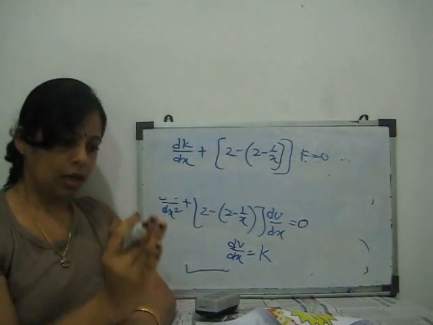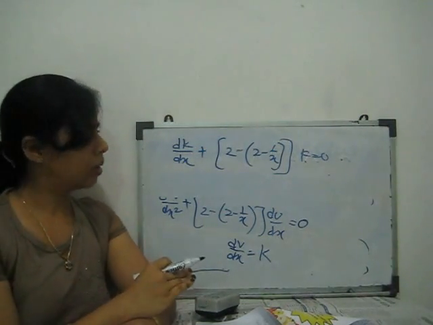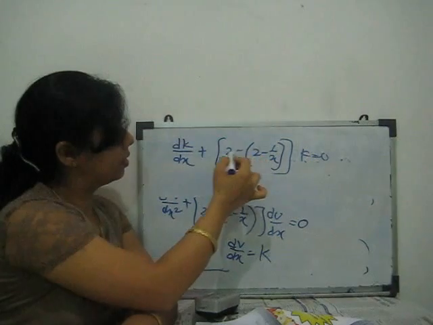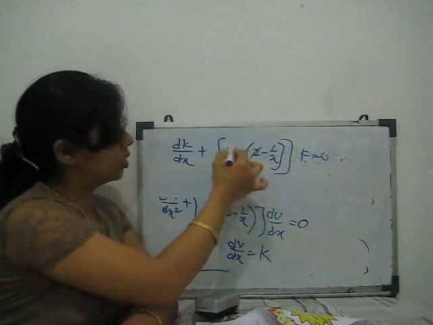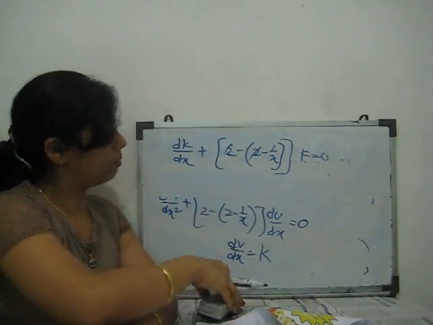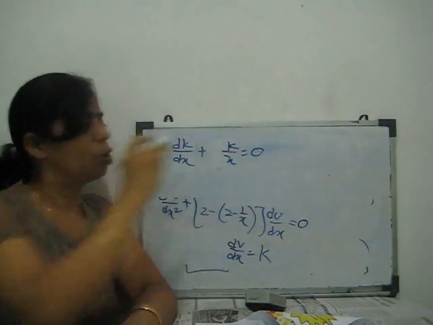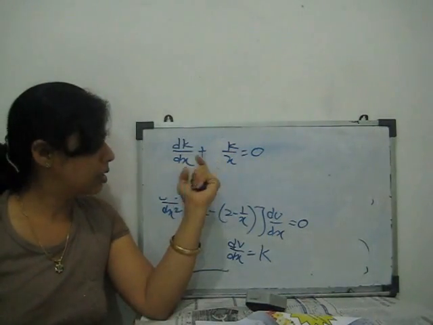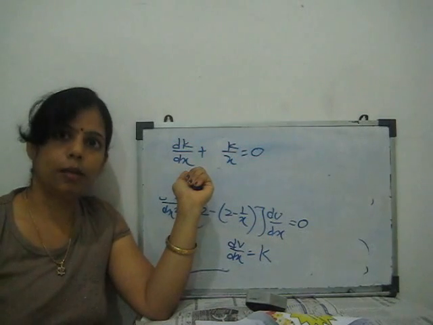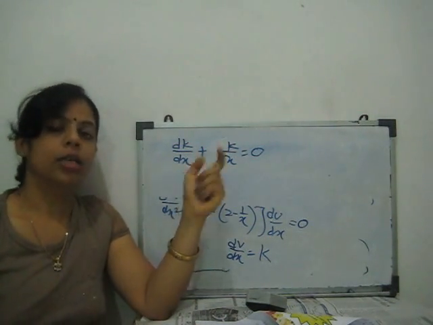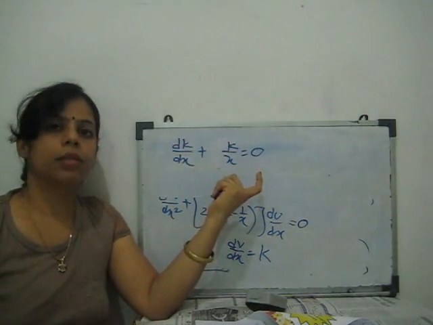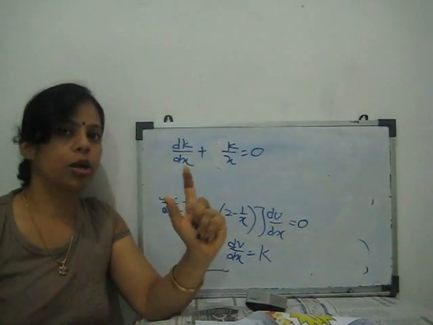Clear? Now we simplify: 2 minus 2 cancels out, so this is only plus 1 by x, so k by x is equal to 0. Now this equation is variable separable of first order first degree. Sometimes it is not variable separable, it is linear of first order first degree.